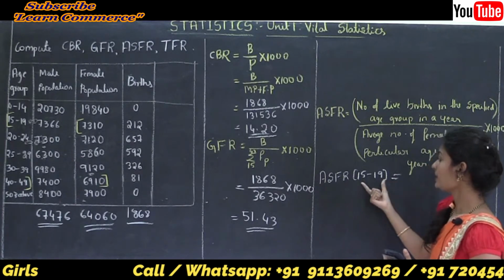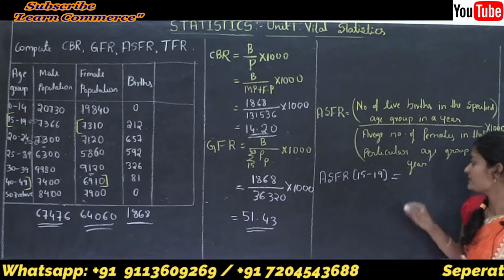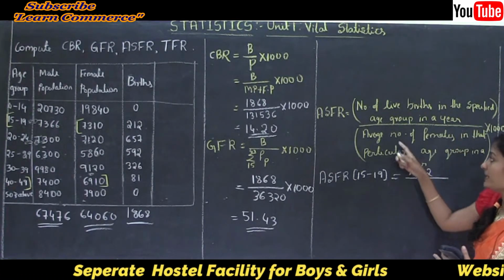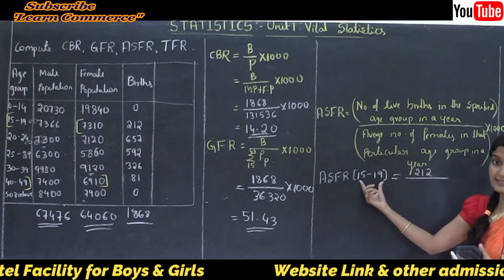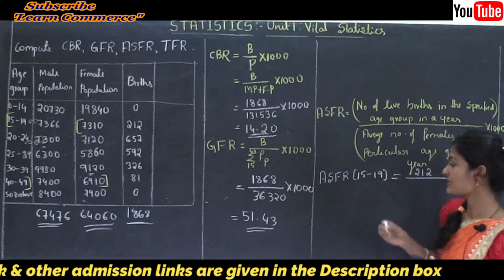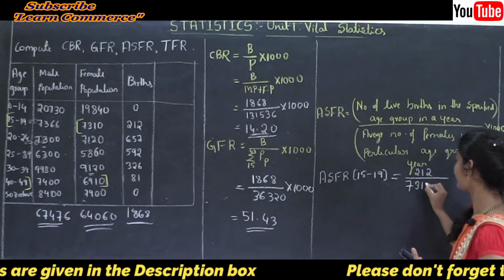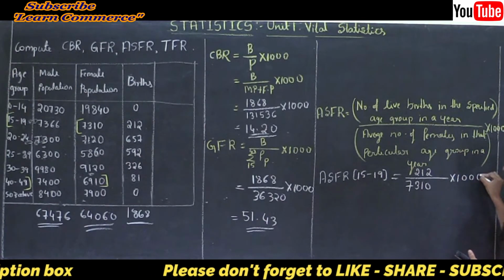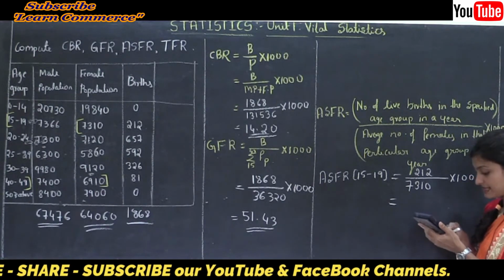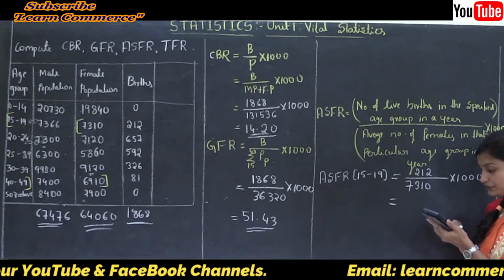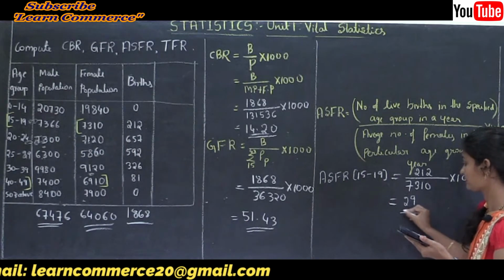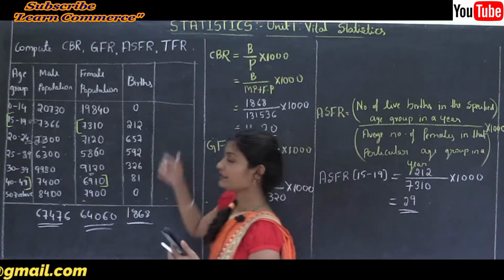In this age group the number of live births is 212, divided by the average number of female population, 703, into 1000, that is 29.